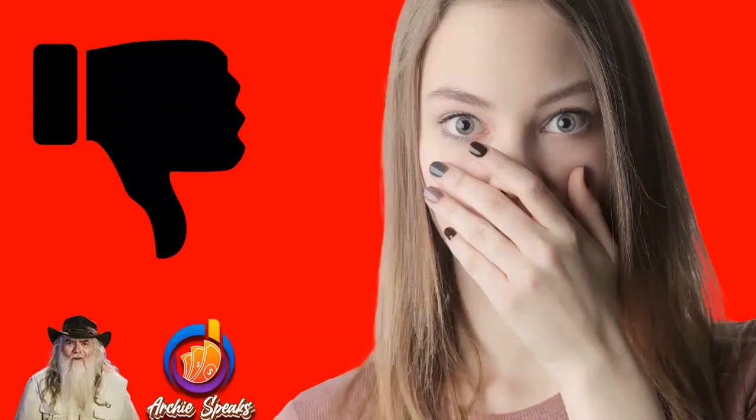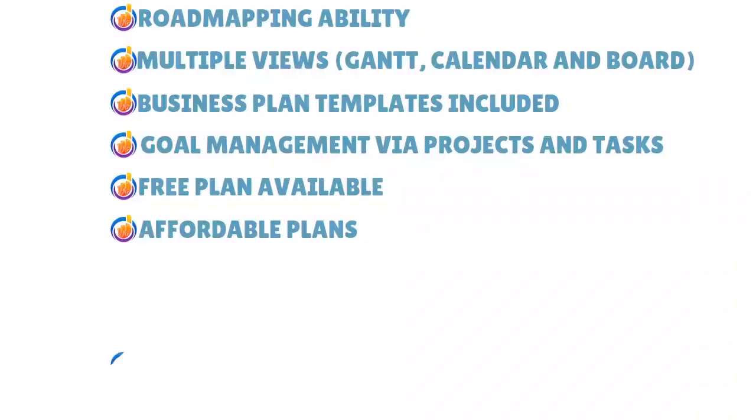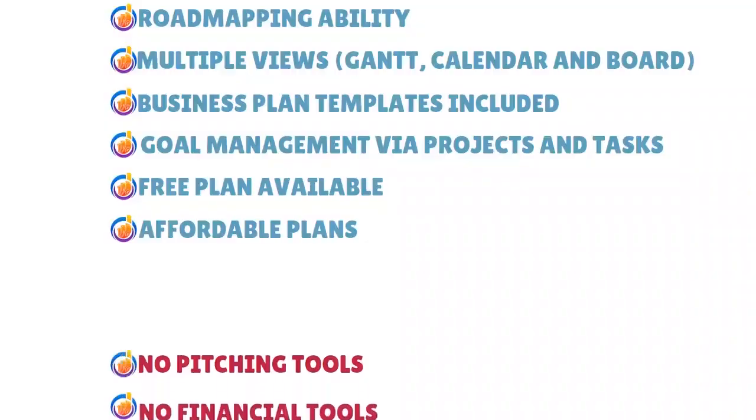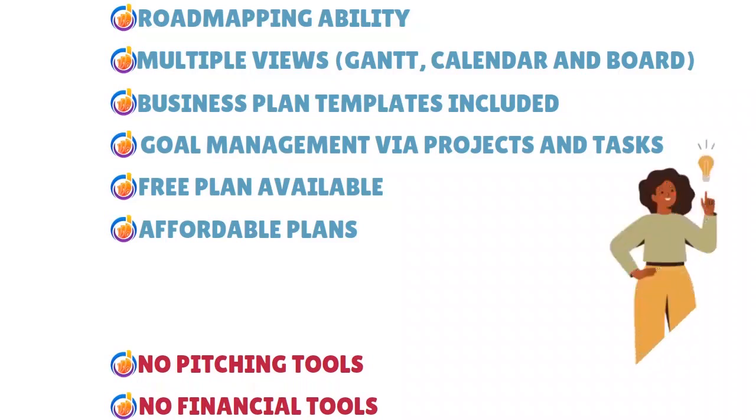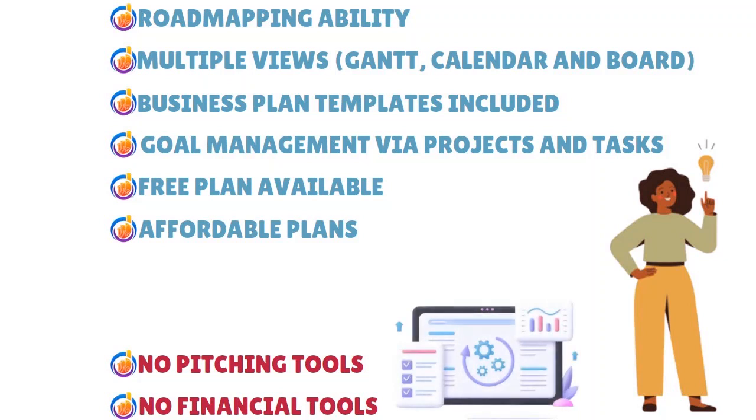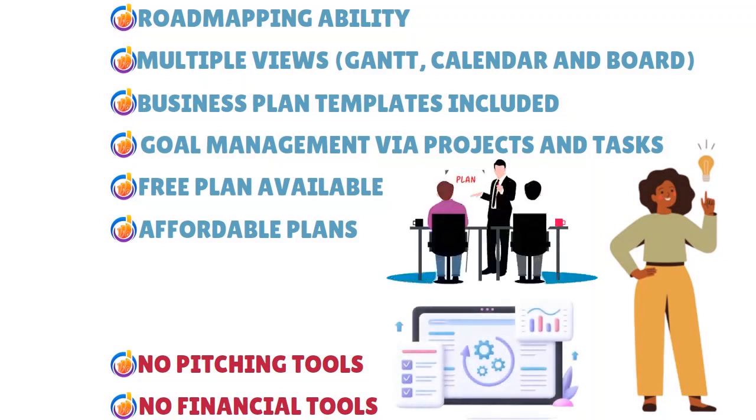Now, the two things we don't like here is that you have no pitching tools and you have no financial tools within Wrike. So this is something where you have to really think twice. Maybe you might have to use two or three software tools to get your business plan for mergers and acquisitions going.